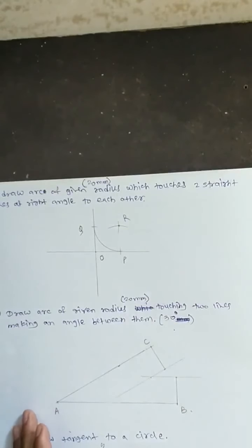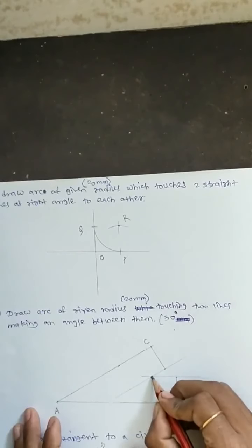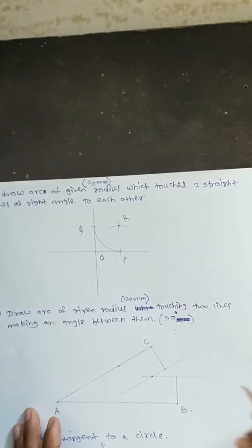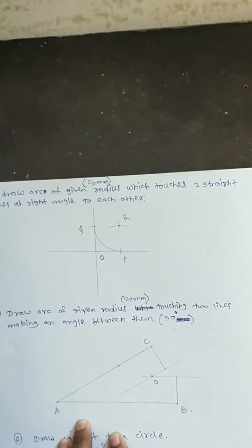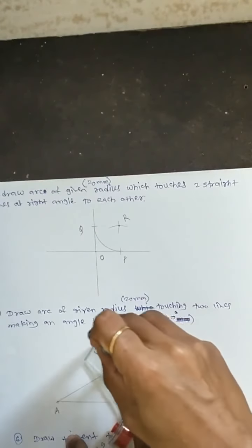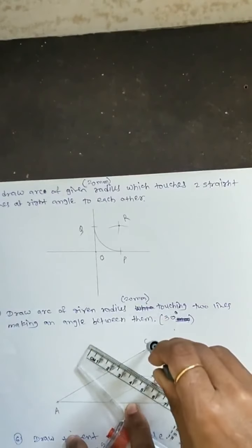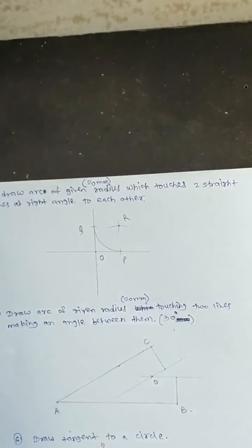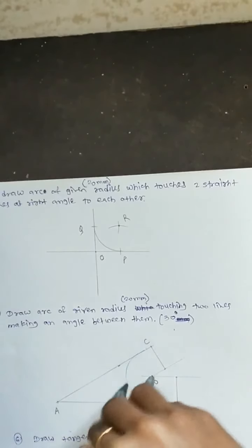Now these two lines meet at this point. Give name to this point as point O, and take 20 mm in rounder, that is this distance 20 mm, and center point as O. Draw a circle.